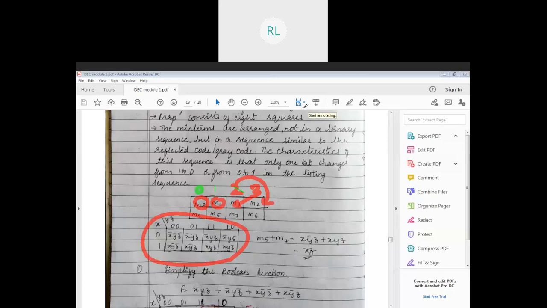Now, what is that one bit change we are talking about? Let us compare this 0, 0 and 0, 1. How many bit changes are there? Can someone tell me? I want you all to respond.